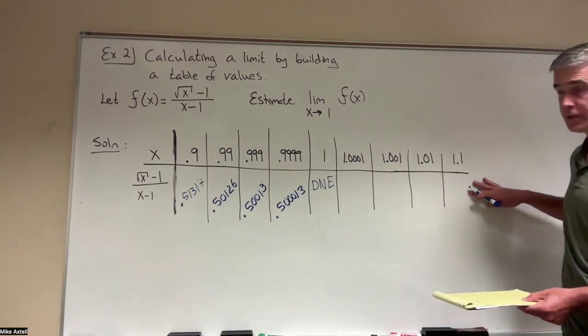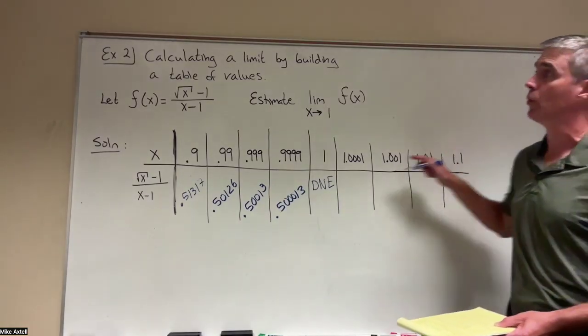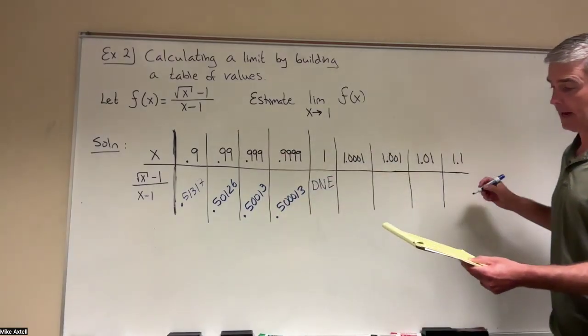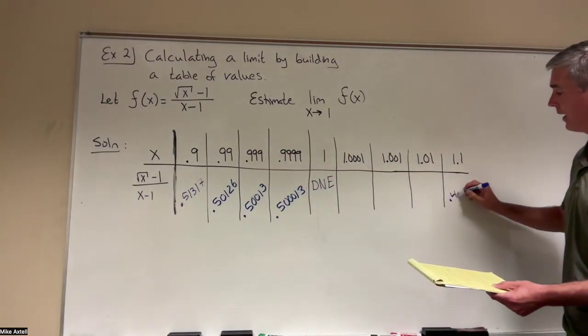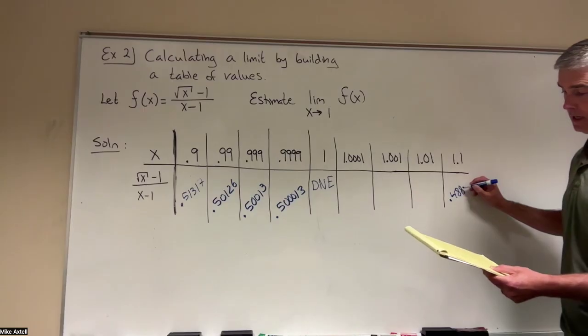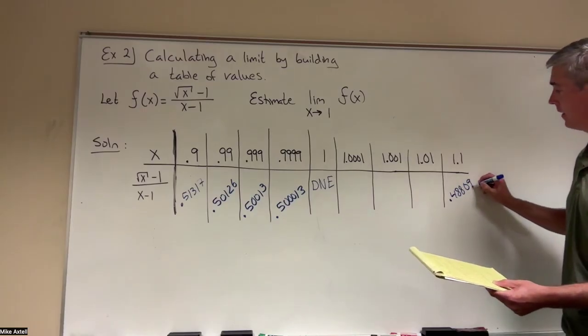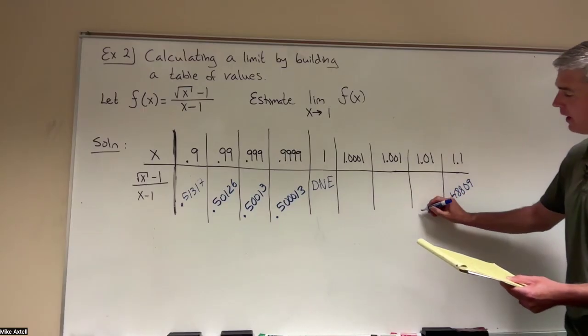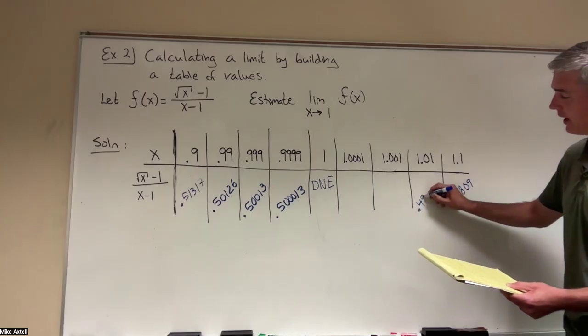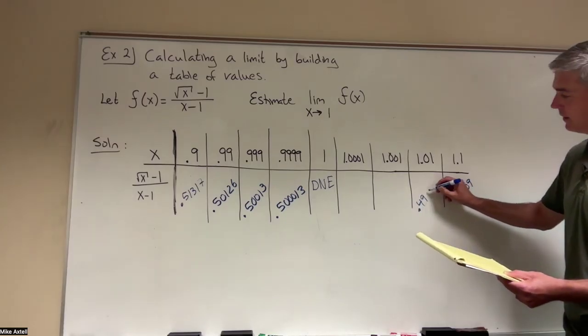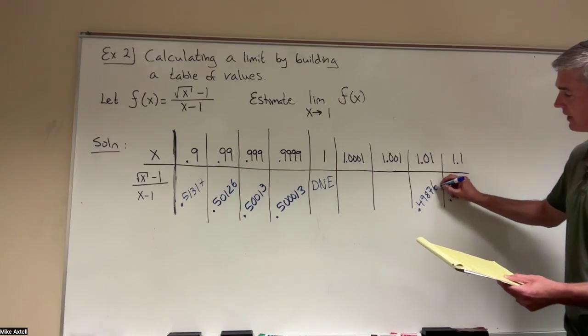And then from the other side, when I plugged x equals 1.1 into my function, I got an output of 0.48809. When I plugged in 1.01, I got 0.49876.